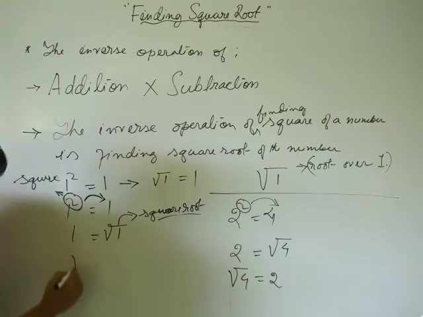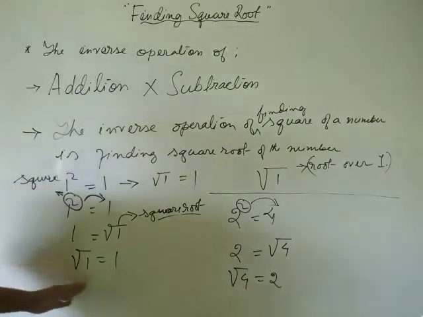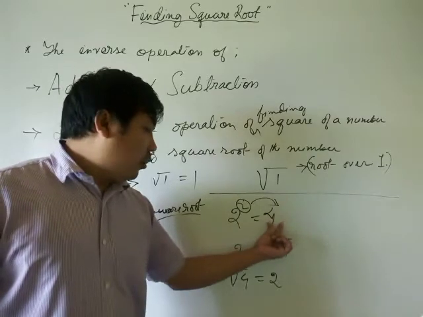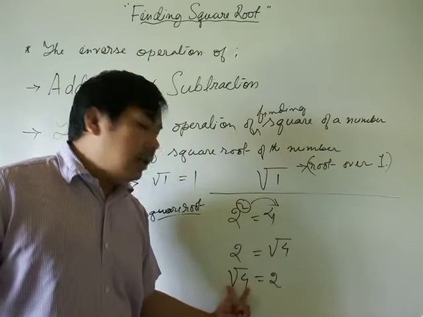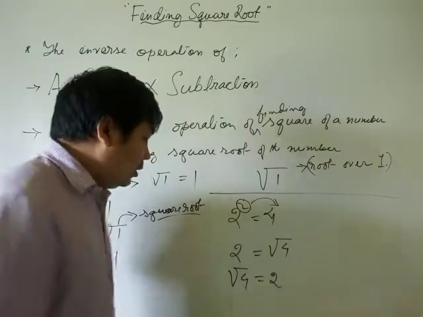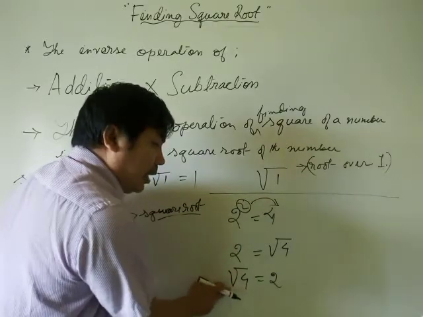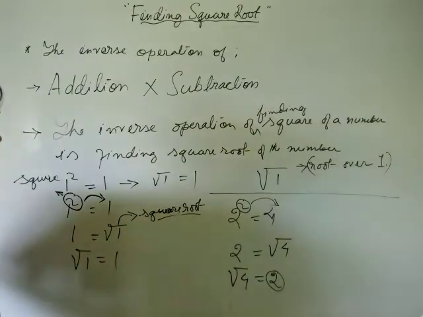Here also, square root of 1 is equal to, no, I'm just changing the place only. We are finding the square of a number. So finding the square of a number is the inverse operation of finding the square root. Understand? So if we put the square on the 4, then we get the 2 here as the inverse.